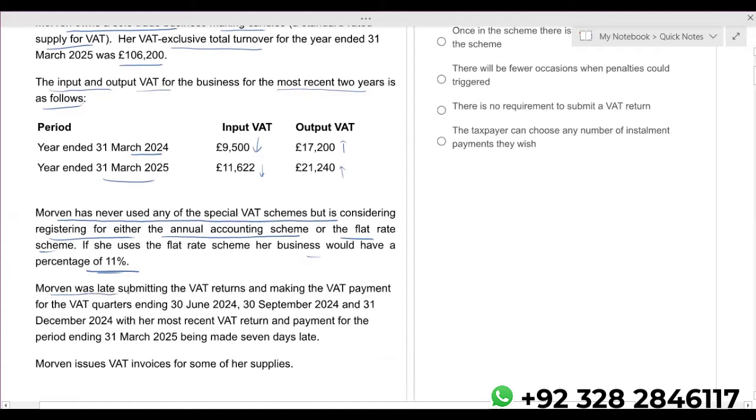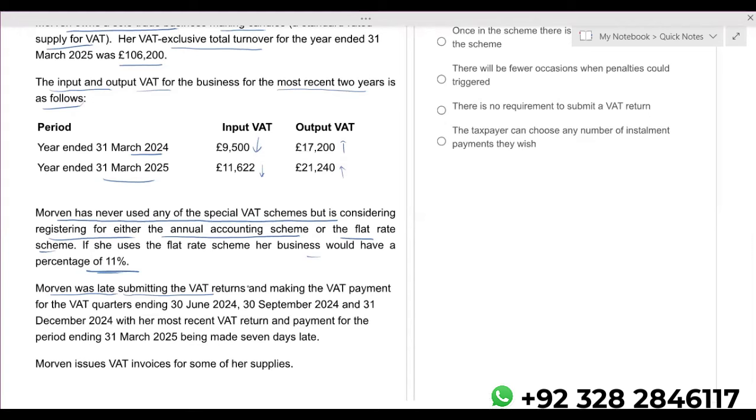Morvin was late submitting the VAT return. Actually, every time when you are submitting a VAT return late, you are getting one, I would say, penalty point. You are not paying any penalty, but each time your return is late, you are getting one penalty point.